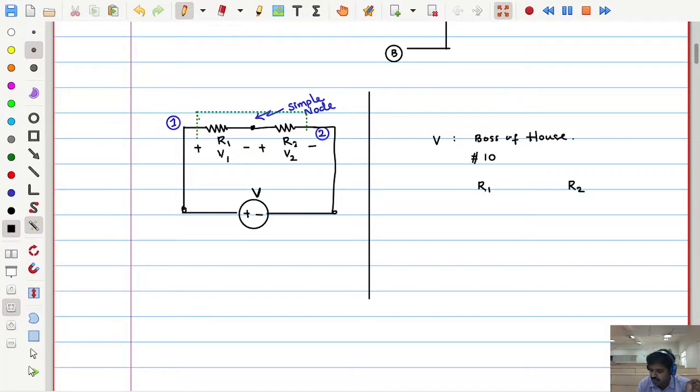If one person has more strength, that might be the elder one, so the other may be younger and will get less. Or assume in another way, the 10 chocolates are kept over here and you both see them at a time and run to get them. Whoever has more strength will get more chocolates. Unless you are kind and leave it to your younger brother, he won't get it.